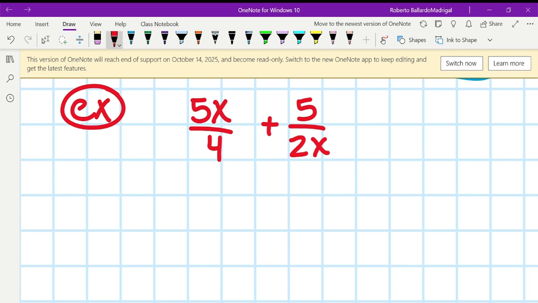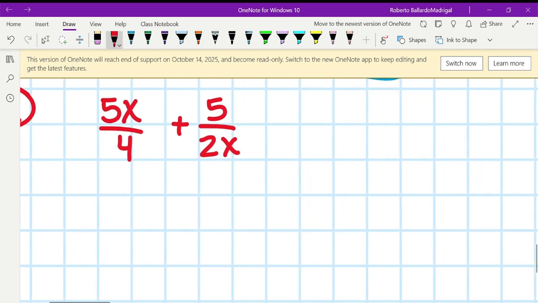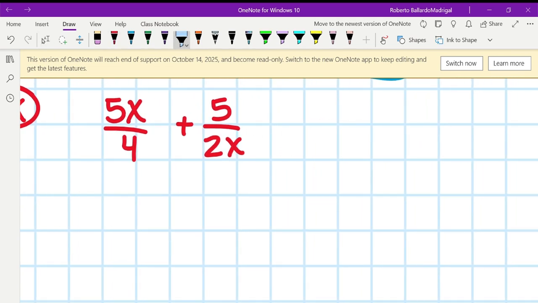So between 2 and 4, the multiple is 4. But you have to take into account that this has an x. So your least common denominator is going to be your least common multiple, which is 4, but it needs to include that x. So it's actually going to be 4x. Yeah, you have to include the x.